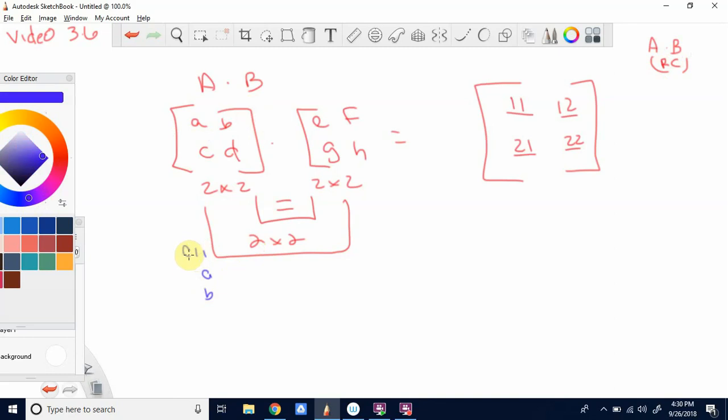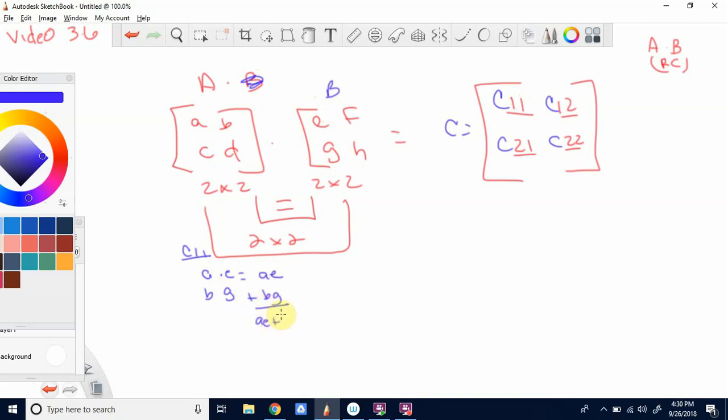For position 1,1, we can call our result matrix C, so these are going to be little c's as the address. So A, B, and then I'm going to take column 1 of matrix B, which is E and G. The result is going to be AE and BG, and you take the sum of them.